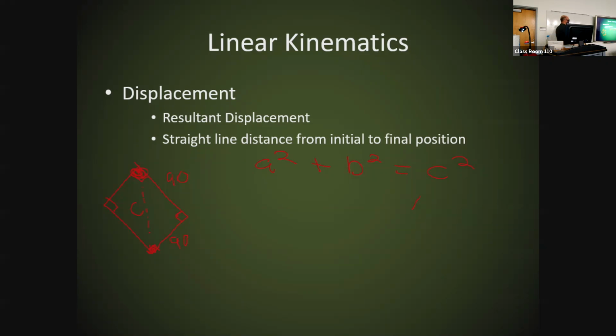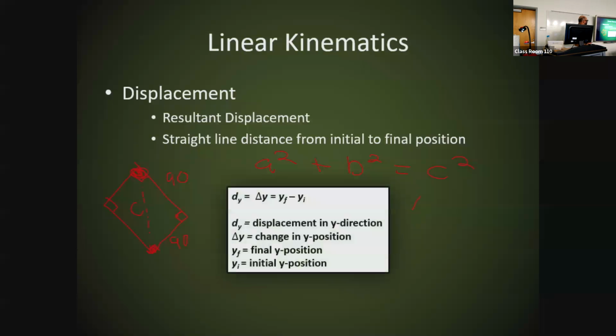So the resultant displacement is the straight line distance from the initial to the final position. We had the example of a baseball infield, and if we hit a single, our displacement was 90 feet, going from home plate to first base, point A to point B. However, if we went from home plate to second base, we would have to use the Pythagorean theorem to figure that out.